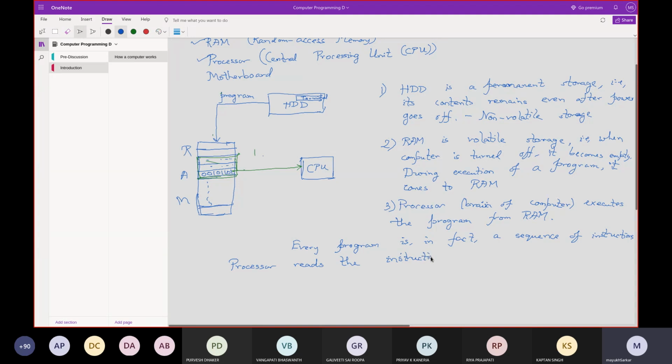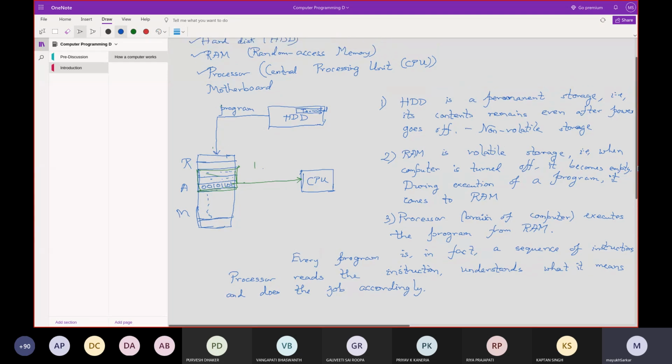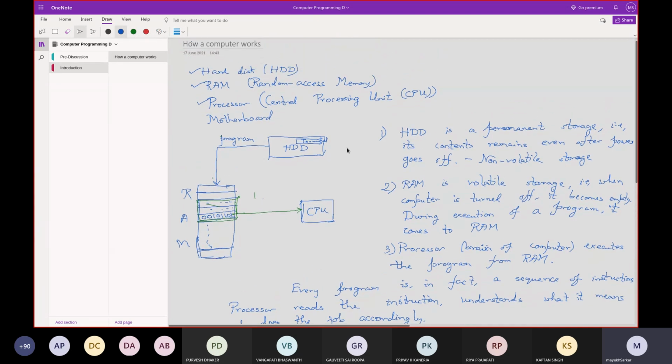I'll just write: read the instruction, understands what it means, and does the job accordingly. In fact, what an instruction is, what the processor in fact reads, each and everything, I'll discuss in the next class. If some of you have not understood this part, don't worry. I will discuss this in great detail.